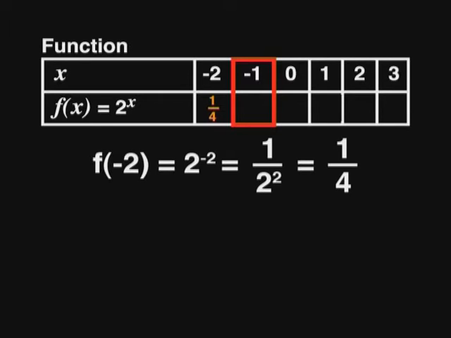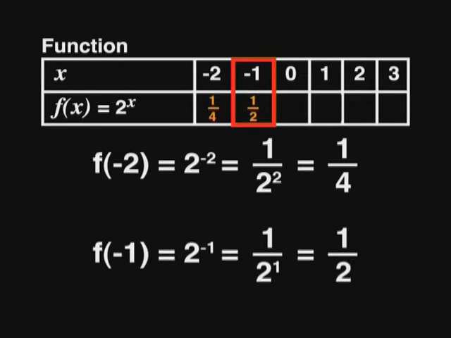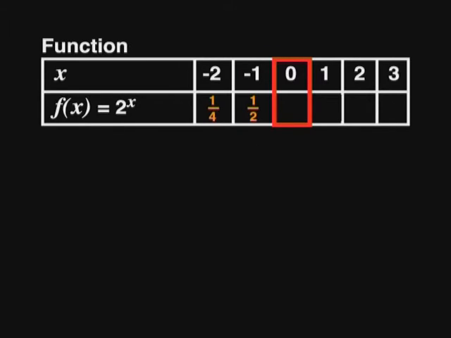Then f of x is equal to f of minus 1, which is equal to 2 to the power of minus 1, which is the same as 1 over 2 to the power of 1, which is equal to 1/2. Okay, if x is equal to 0, f of x would be equal to 2 to the power of 0. And anything to the power of 0 is 1.